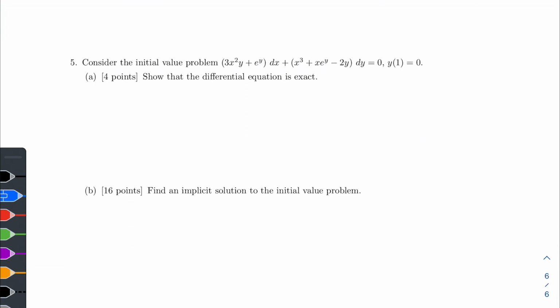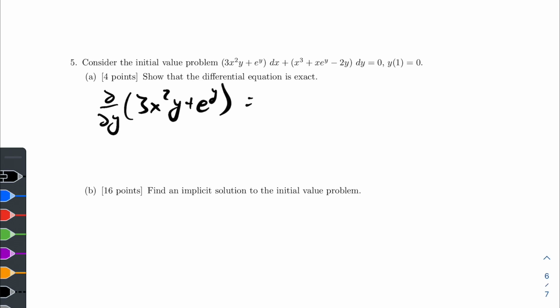All right, here's an exact equation. So I start off by just telling you to show that the differential equation is exact. So let's do that. So this first term has a dx in front of it, which tells us we need to take the derivative with respect to y. 3x squared times y, that derivative is just 3x squared.